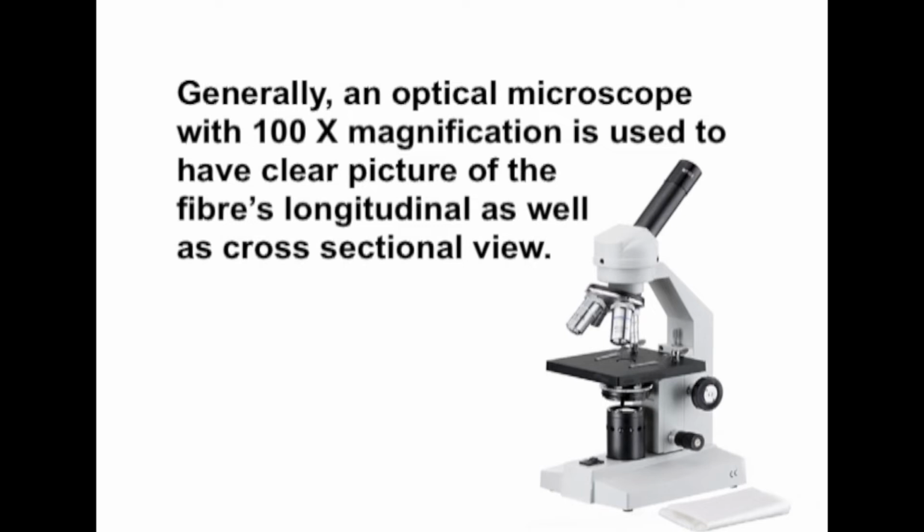cross sectional view. A projection microscope can be preferred as the magnification is higher and the bigger screen facilitates tracing of the fiber shape. A polarizing microscope with a fiber lens provides good contrast and can be used for more specific observations such as extension bands in cotton fiber.